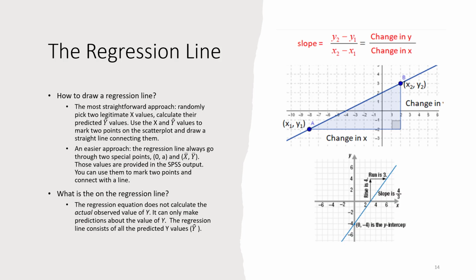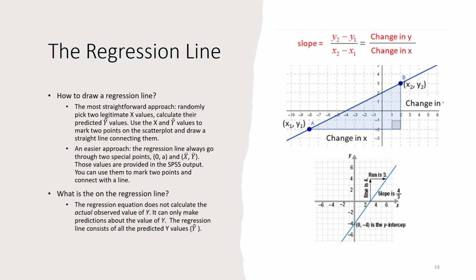If you need to draw a regression line given the regression equation, it's pretty straightforward. You need 2 points to draw a straight line. If there's no additional information, all you need to do is randomly pick 2 x values, plug each of them into the regression equation, and get the corresponding predicted y values.